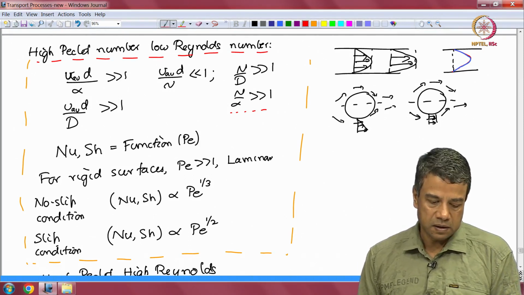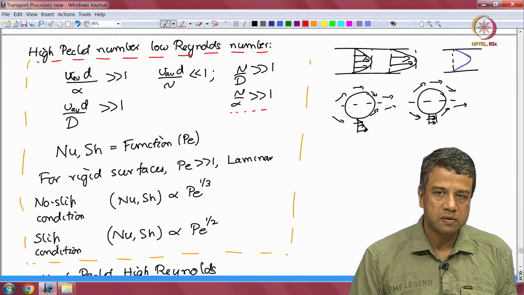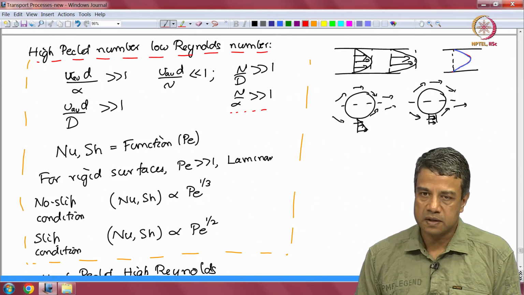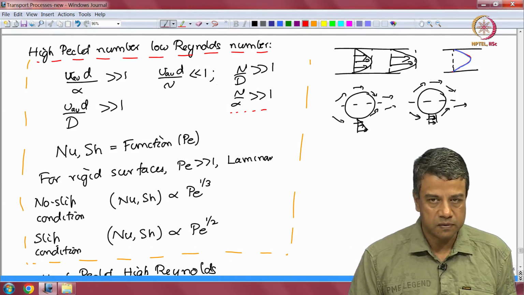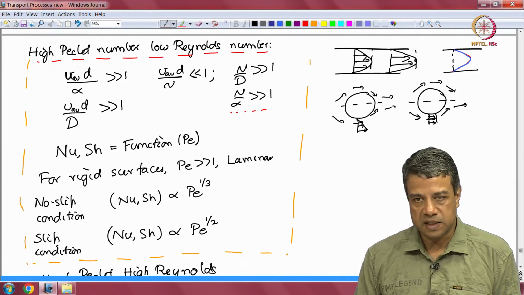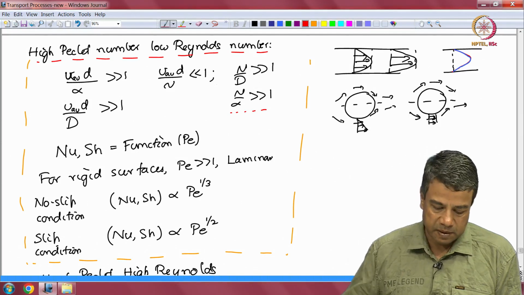Therefore, the Nusselt number or the Sherwood number has to depend only on the Peclet number itself. The flow profile does not change, so the Reynolds number does not matter. This is for laminar flows, low Reynolds number around a particle or less than 2100 Reynolds number for a pipe.